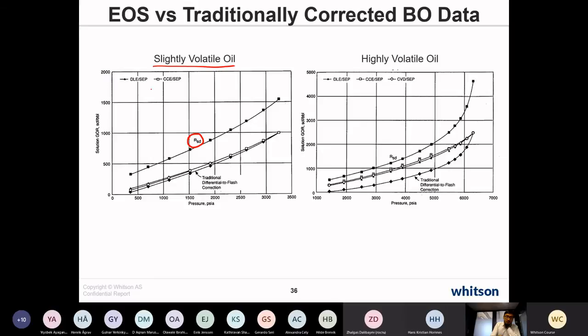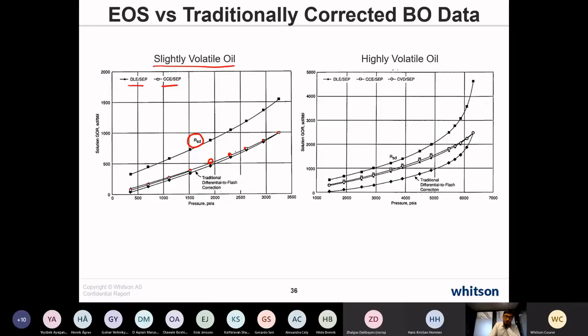If we use the equation of state model, you can generate black oil tables with an equation of state model, either using a CCE experiment or a DLE experiment, and that's something you see here. These are the points here, and these are overlapping, so you don't see the difference actually between these two lines here.